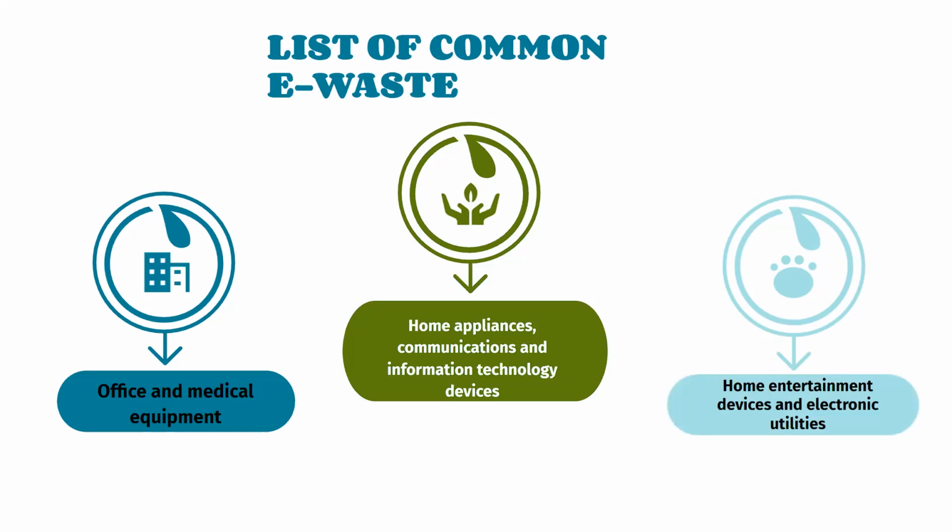We also have utilities such as heating pads, the smart lights, the smart watches, the heat monitors, and we also have devices which test the blood pressure and the diabetes. So these come under utilities. So my dear friends, this is just a brief scenario about what are the contributories towards the generation of e-waste.